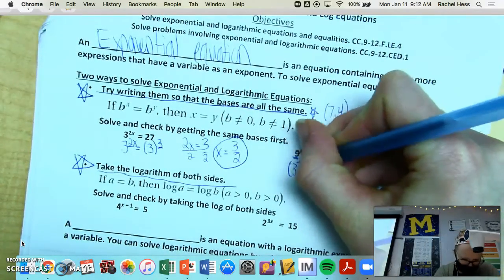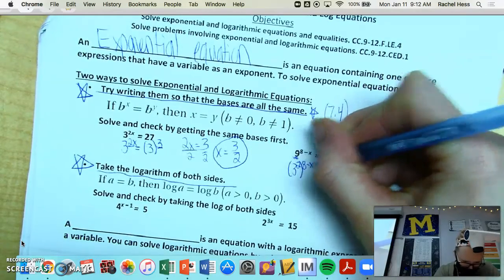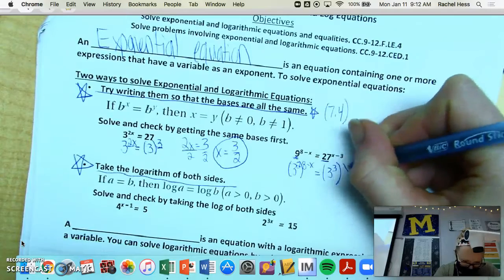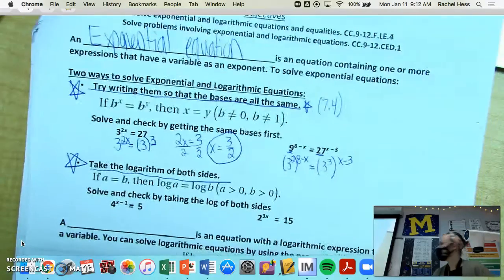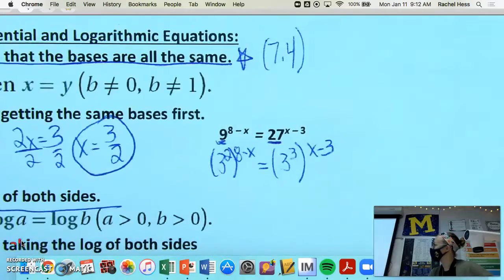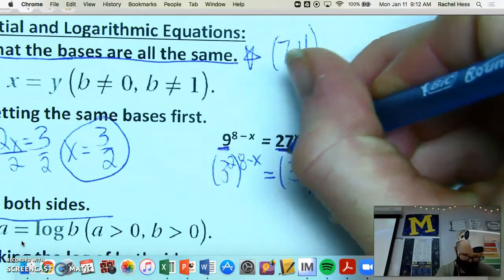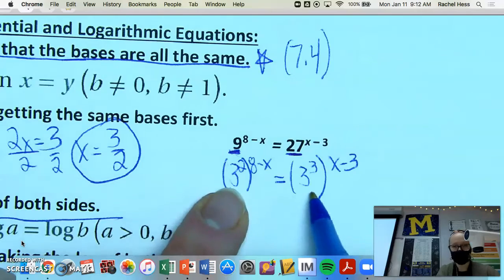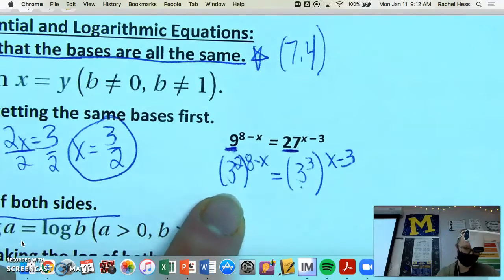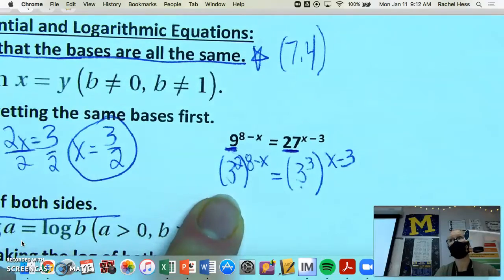9 is 3 squared, right? And we just said 27 is 3 cubed. So if I were to simplify these things, let me zoom in so you can see this example better. So once again, I made my bases the same. They're both base 3 now, right? But if you remember our properties of exponents, when we have a power to another power, we have to multiply our exponents.